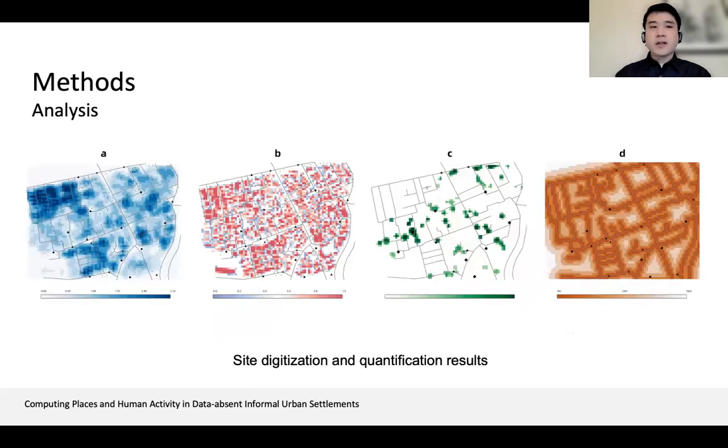In terms of analysis, we define multiple spatial and environmental characteristics and generate the spatial statistics based on this grid.